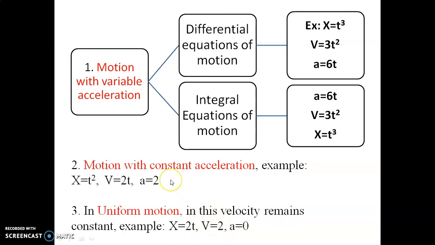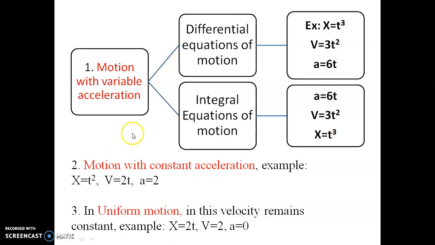In this way, motion is classified depending upon the variation in the acceleration. Before we solve the numerical based on the integral equations of motion, this difference between all these types based upon the variation in acceleration is very important to understand.